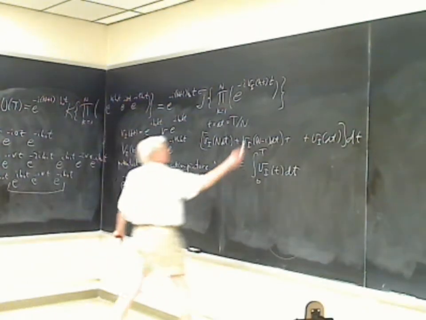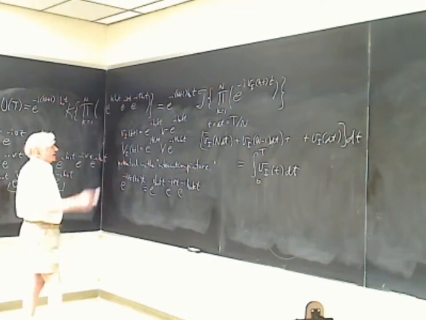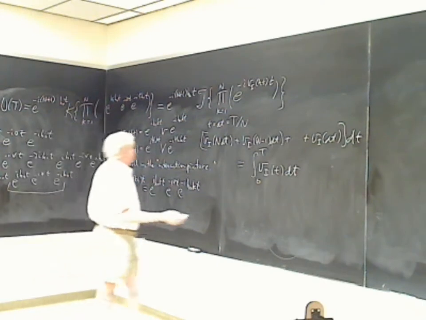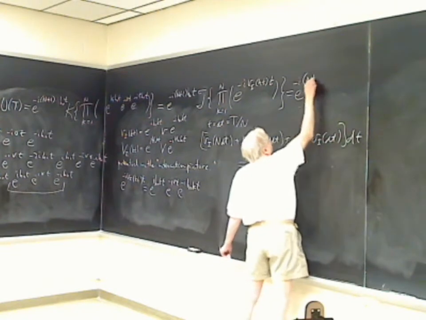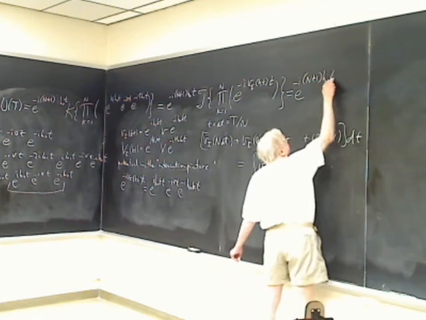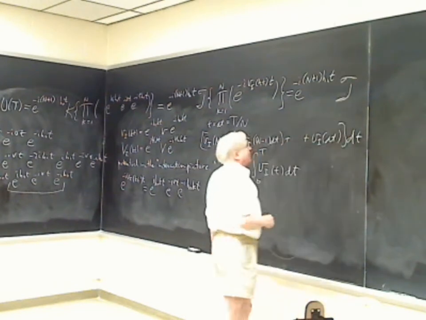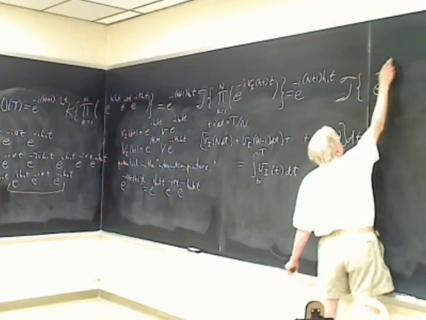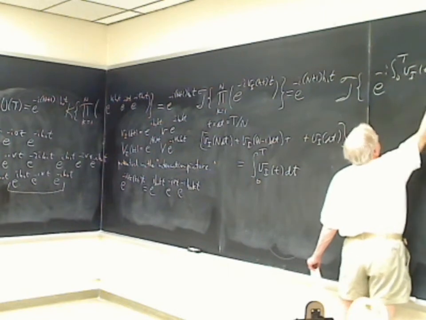And these things all occur in the exponent. So in other words, the product of all that is the exponential of the sum. So in other words, we can rewrite this as e to the minus I n plus 1 h0t. And as long as we keep the time ordering, this is just e to the minus I integral 0 to big T v sub I of t dt.